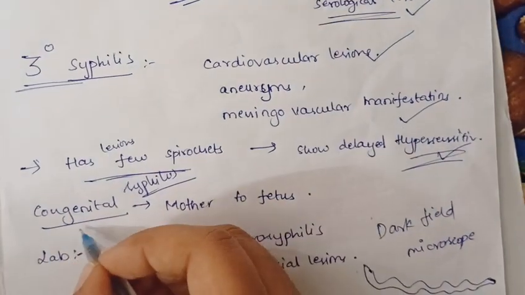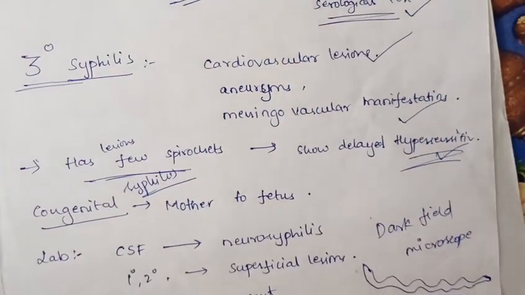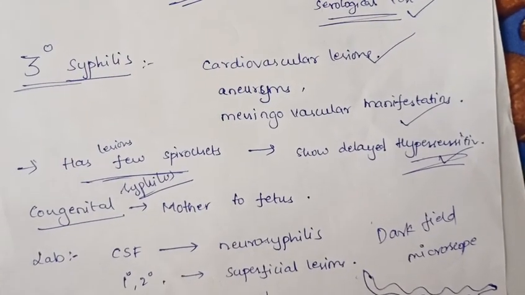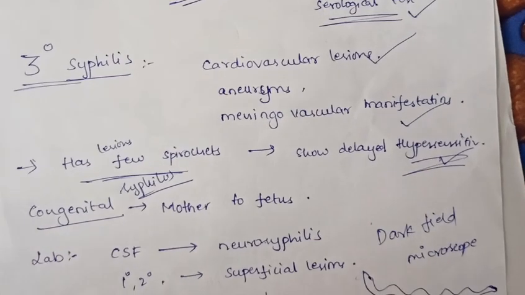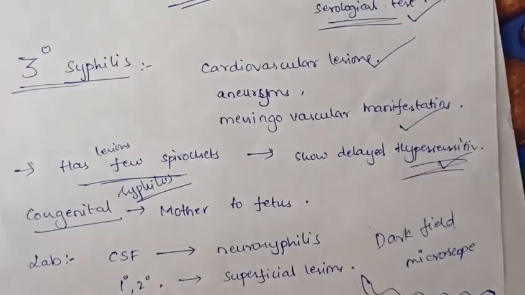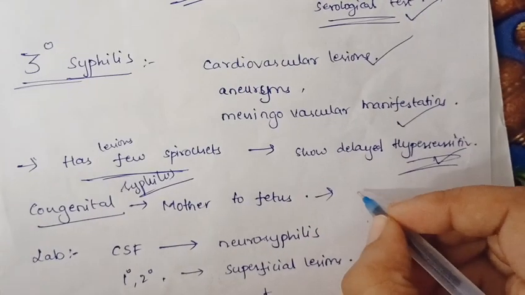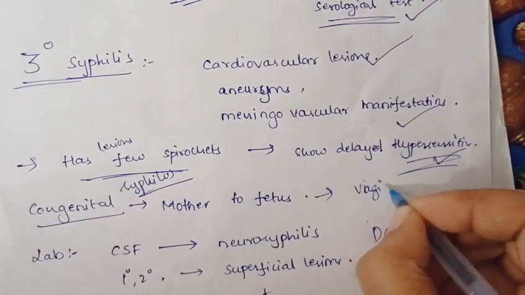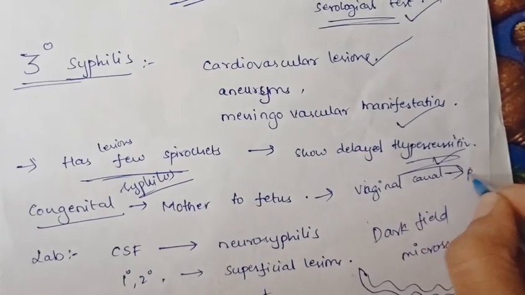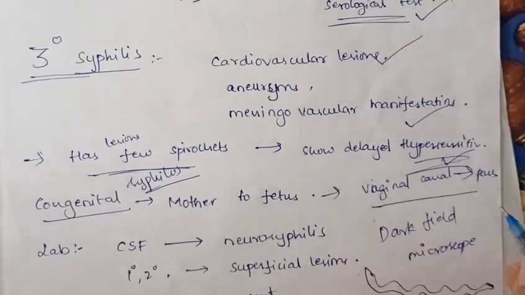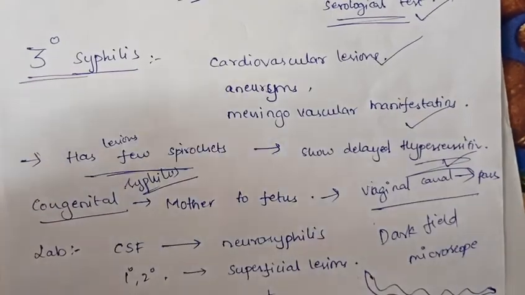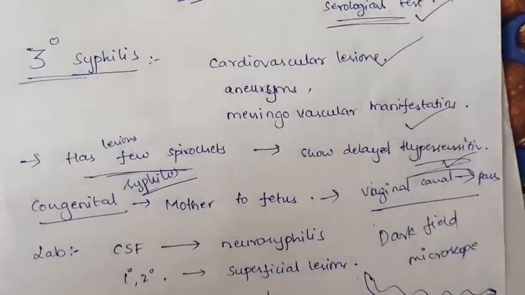The next type of syphilis is congenital syphilis, where it is passed from mother to fetus. If the mother is previously infected with syphilis, she can pass this disease during parturition, when the birth is through the vaginal canal.